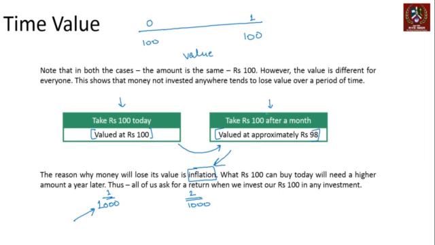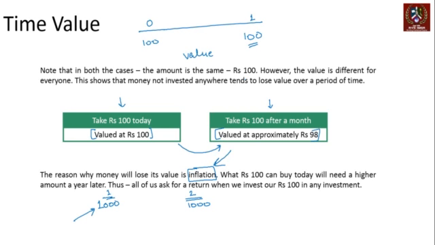So you can't pay me the same price after a month or a year because I can't buy the same amount of goods with that money. I need to be able to buy the same value worth of goods, and for that you'll have to pay me more, right?